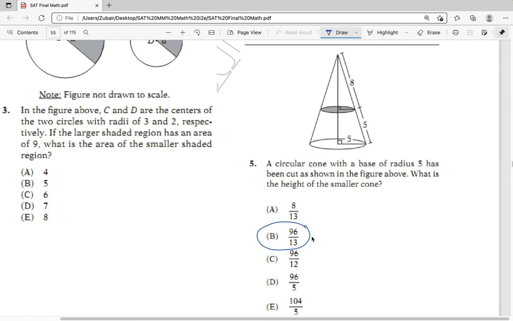Obviously, applying Pythagoras theorem and so on, you'll have to do rough working on the side. Also know that this is 8, 5, 13. This is 5, and we know 3, 4, 5. We need to know 5, 12, 13 too. A few squares memorized would always benefit you.